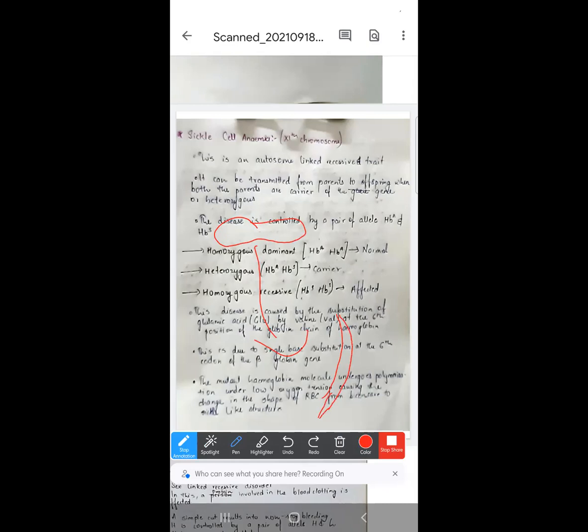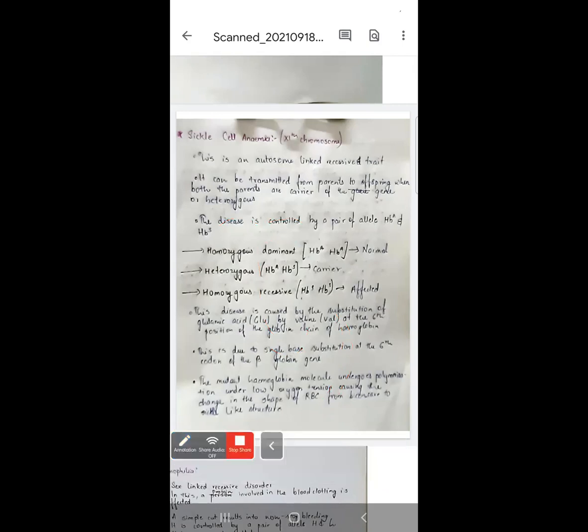So this causes clotting and anemia problems. And it decreases hemoglobin content in our body, that is oxygen content. So now let's move further to the next disease.